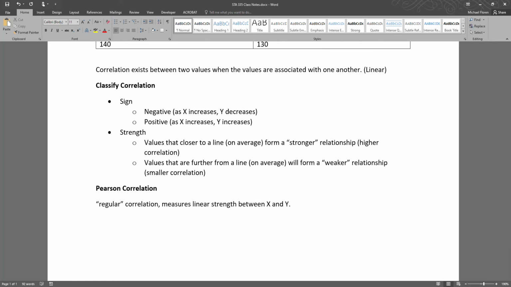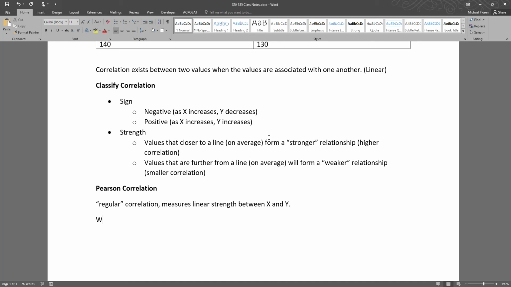Again, these are two continuous variables. The linear component is actually really important here. As we demonstrated in our picture, we're going to see some graphics where there's a very clear relationship between x and y, but that relationship isn't linear. And in this particular case, the Pearson correlation wouldn't actually do much with that.